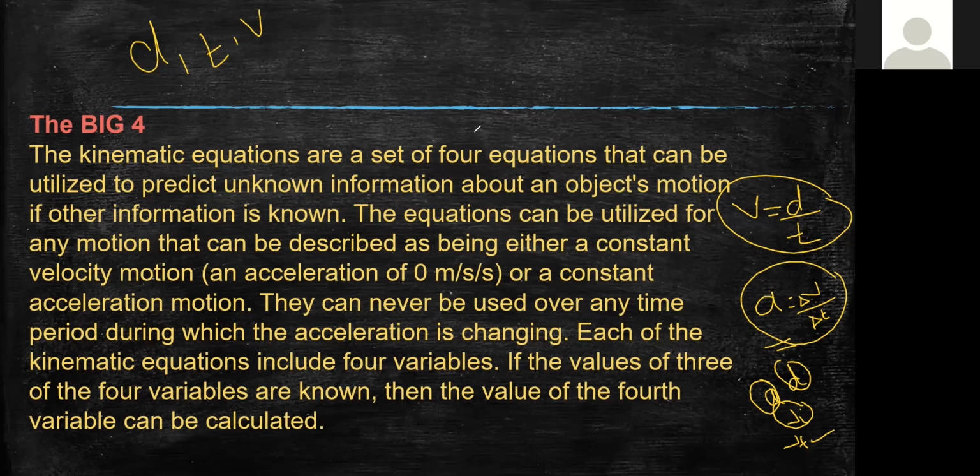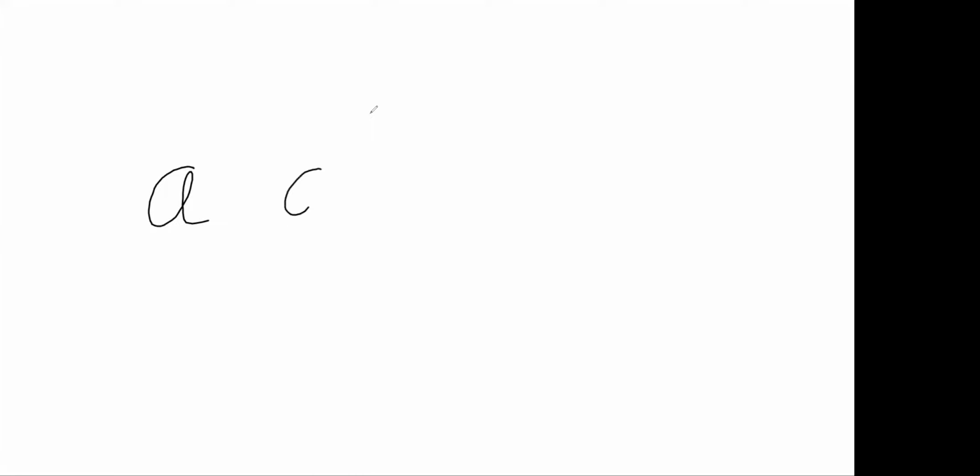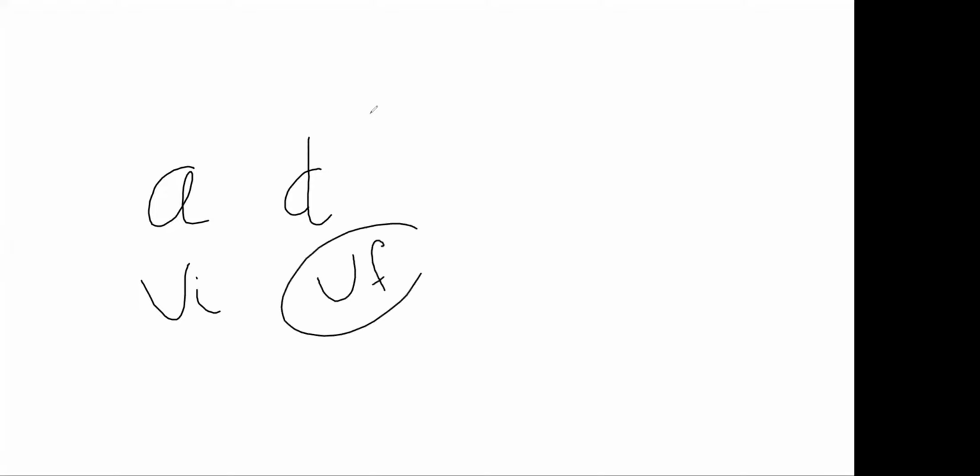Let's see here. If I give you the acceleration of a car, and I give you the distance, that is the displacement of the car, and I give you the V initial, and I'm asking you about V final.